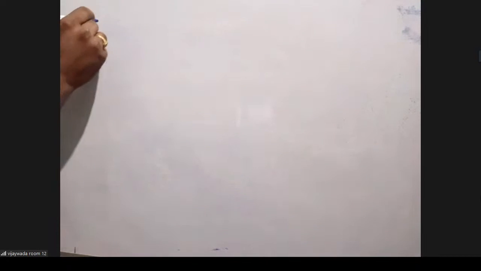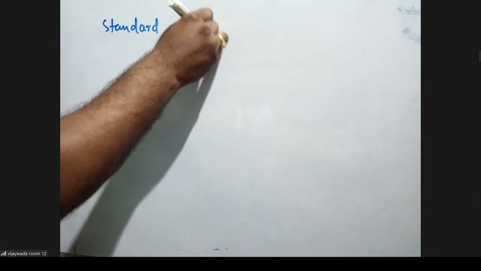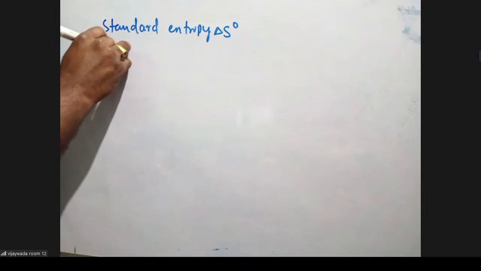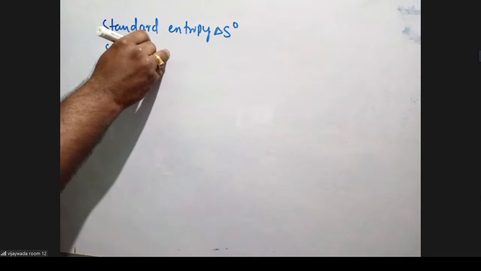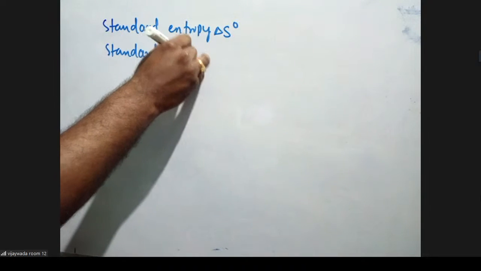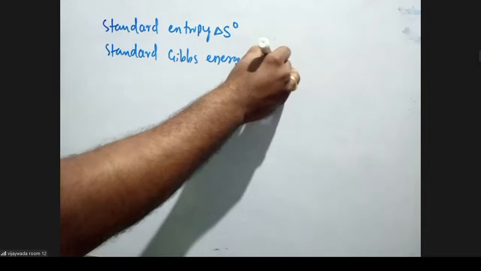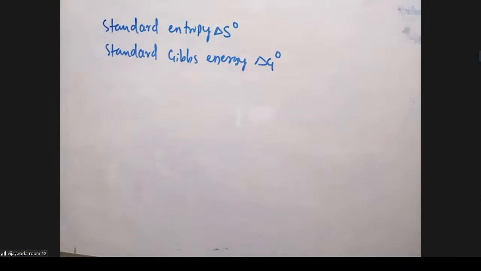So next, students, standard entropy, standard Gibbs energy, delta S naught, delta G naught.